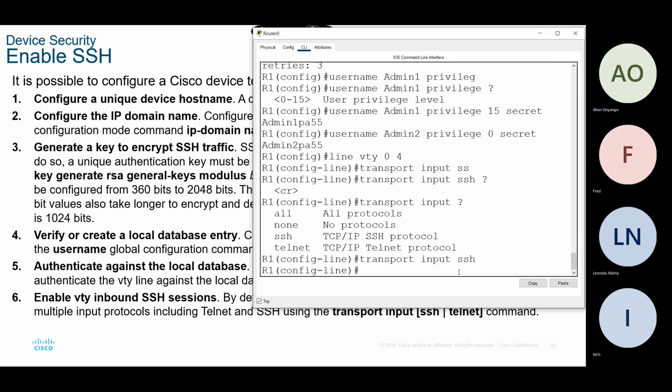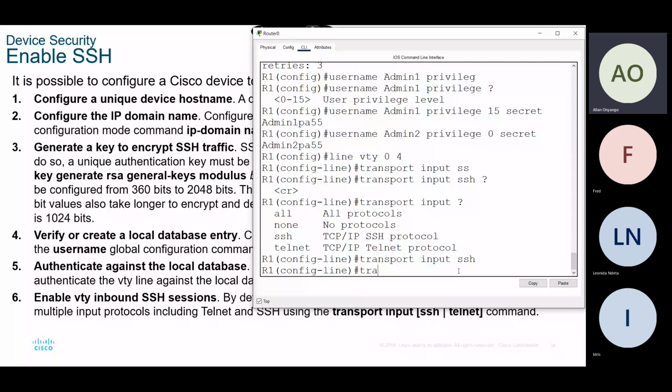Now, if you want anyone logging into your device, remember in telnet and even line console, we were saying password cisco, login. Here we want people to log in using the details we have in the local database we have created of usernames and passwords.